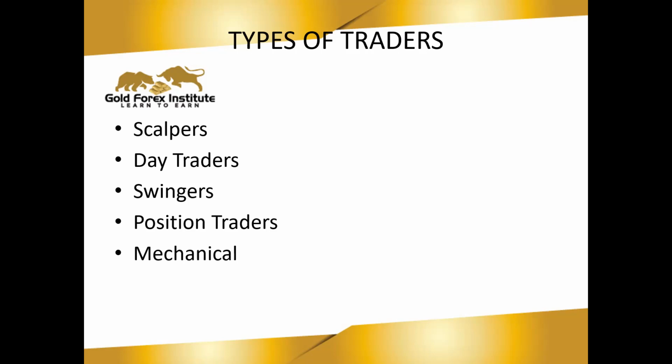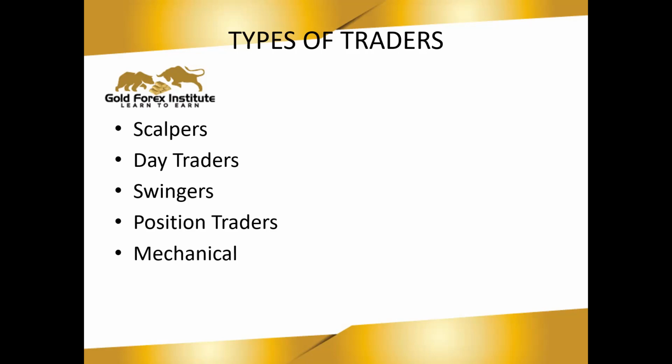Position traders have to do with buy and sell. When you buy, you make profit. When you sell, you make profit. So some will decide that they want to be buying alone all the time. Some too will decide that they want to be selling alone all the time. So those are what we call positional traders. You take a position. So that is it. We have the mechanical.